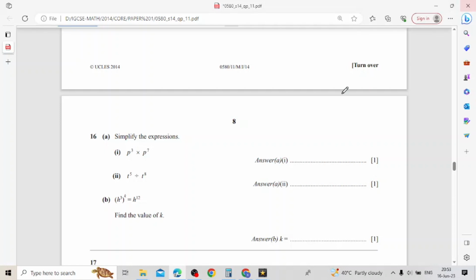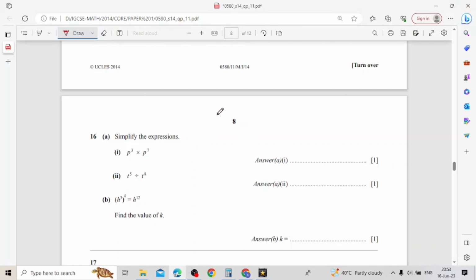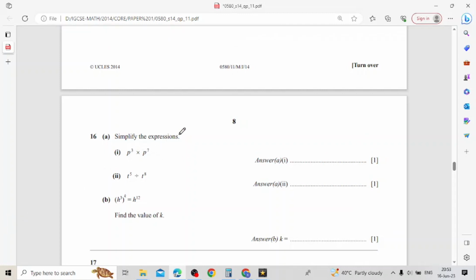When we talk about the exponent rules, when the bases are multiplied, what happens to the powers? That's the rule over here. P is the base and P is the base. Same base and an operation between them.